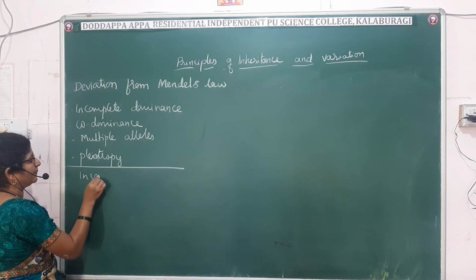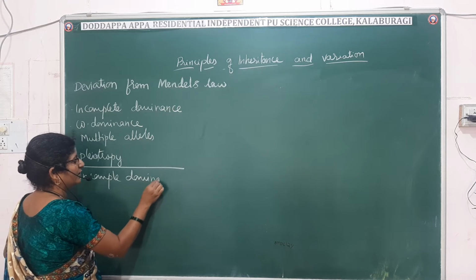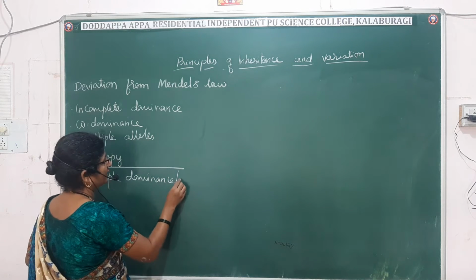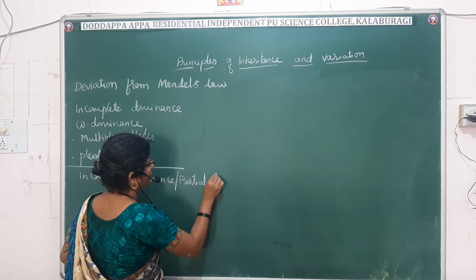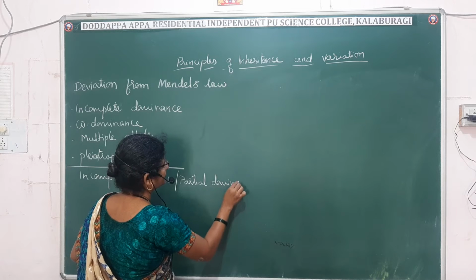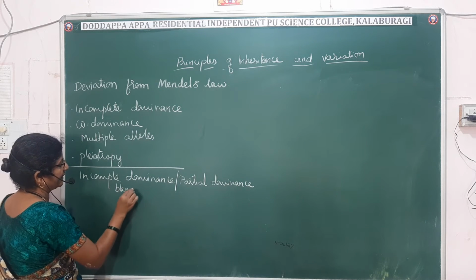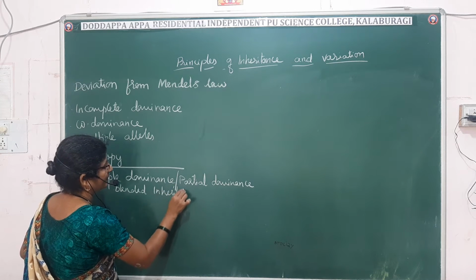Incomplete dominance is also called partial dominance, or it is also called blended inheritance.